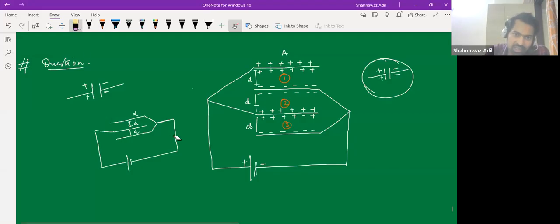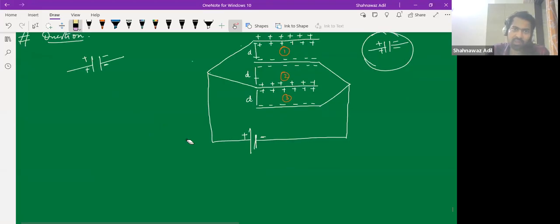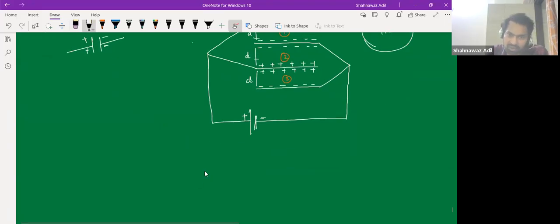Parallel, right? So the effective diagram of this one is, I'm drawing the parallel.